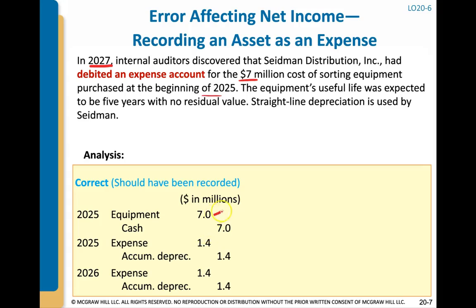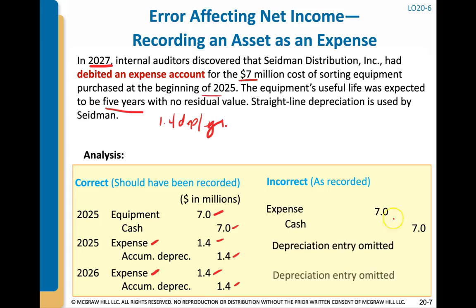They should have, in 2025, debited equipment, credited cash, and then when you take the 7 million divided by the 5 years, you get 1.4 million of depreciation expense per year. So at the end of 2025, we should have debited depreciation expense 1.4 and credited accumulated depreciation 1.4, and then in 2026 had the same journal entry.